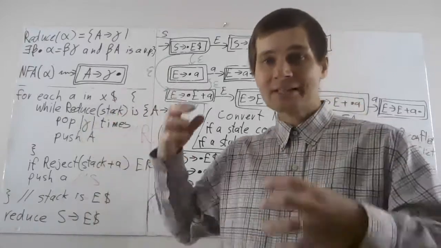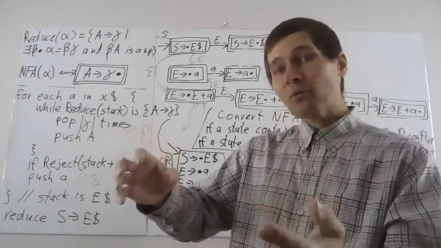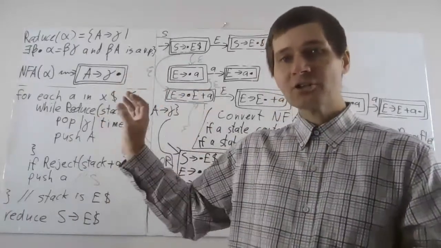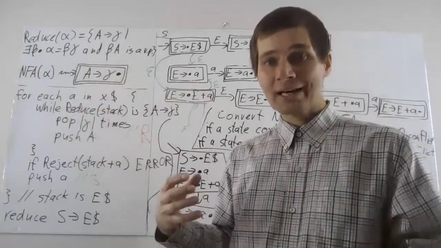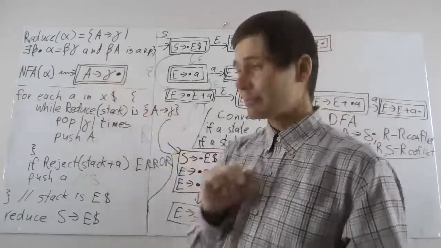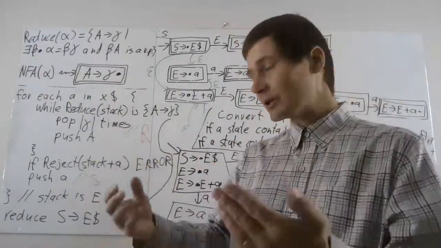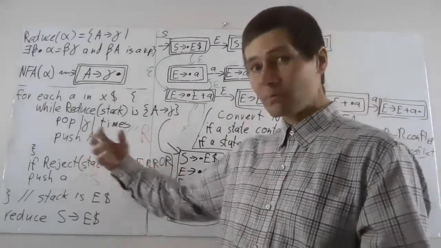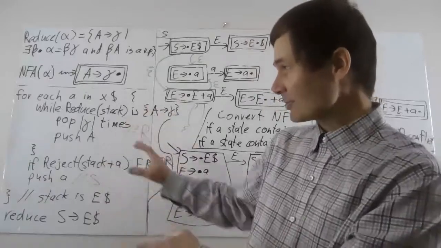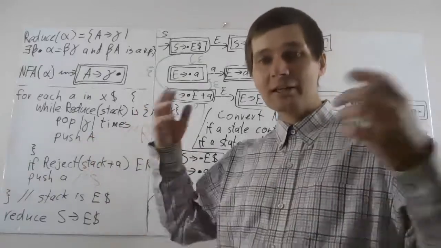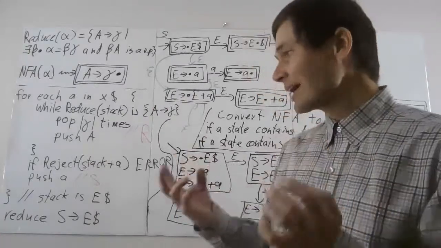And when you're in that state, in what cases would you have additional input that would mean that reducing is the right answer, that applying that production rule in reverse is the right answer, and in what cases would you have input where pushing more stuff onto the stack is the right answer, and after you push more stuff on the stack, you're going to end up reducing by some other rule.